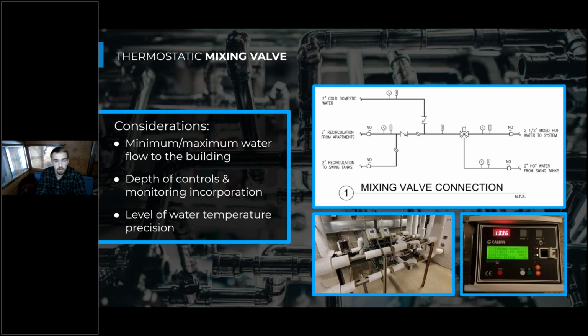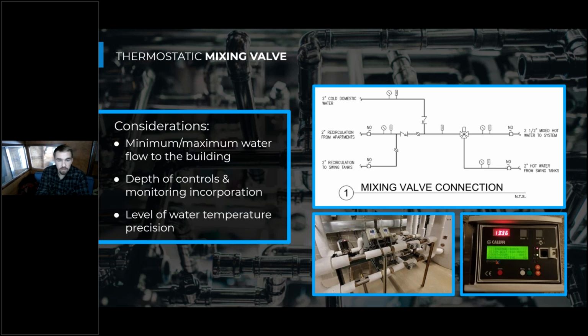The amount of controls and monitoring that you're going to have associated with your domestic hot water design can really fit well into your mixing valve selection as well, because there are a lot of electronic mixing valves on the market now that have their own sensors incorporated just to be able to run themselves. They can often report the temperatures and flows from those sensors to a monitoring system if you want extra alarm capabilities or something like that.